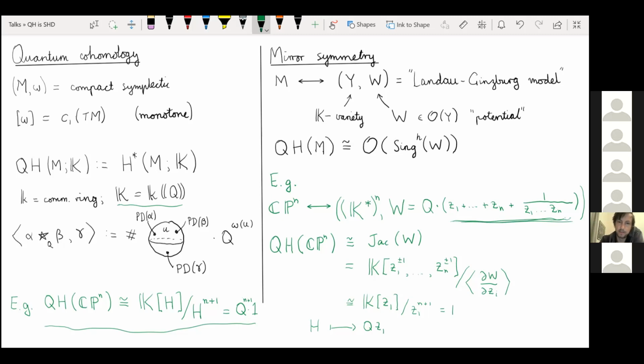The ring of functions on the singular locus is, in this case, affine, so it's just the Jacobian ring of W, which comes out to be K adjoin a single variable whose (n+1)st power is 1. And this is isomorphic to quantum cohomology via the map sending the hyperplane class to Q times z1. Of course, mirror symmetry predicts more, but I just want to give you some things to hang on to in the way we're thinking about mirror symmetry for these kinds of examples that will be relevant for the talk.